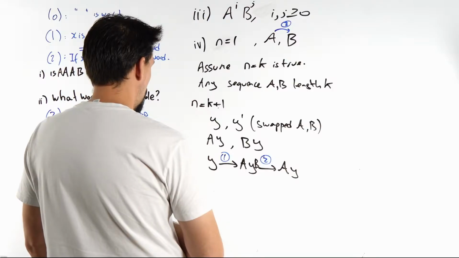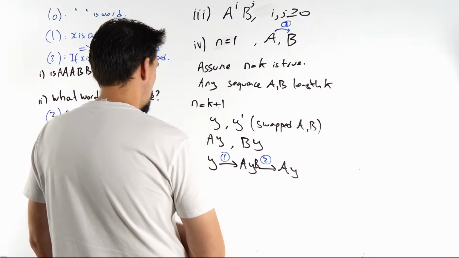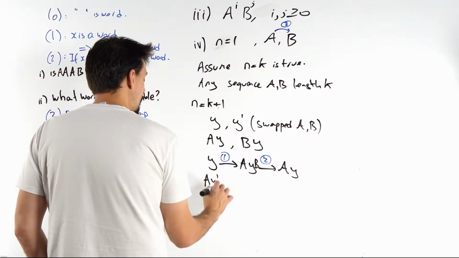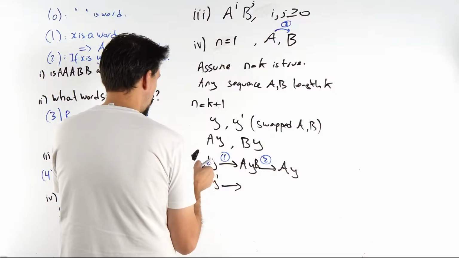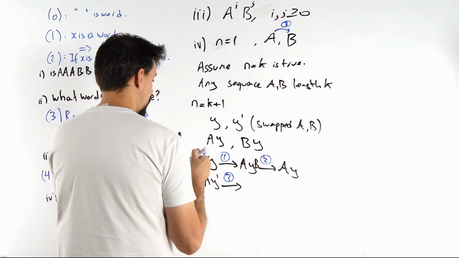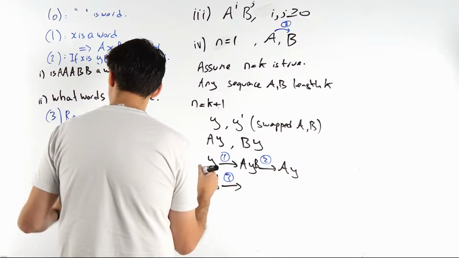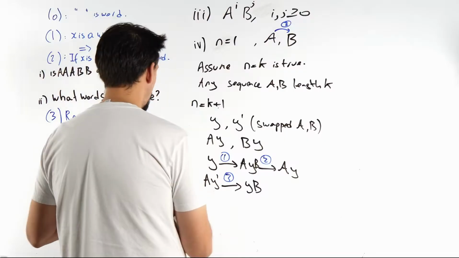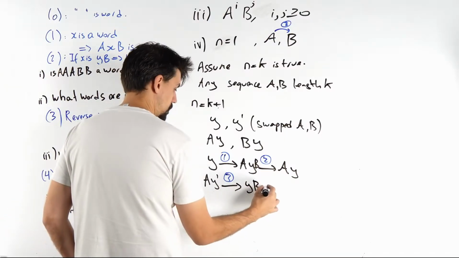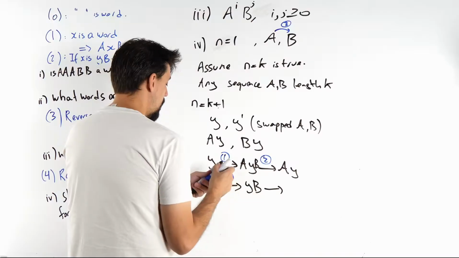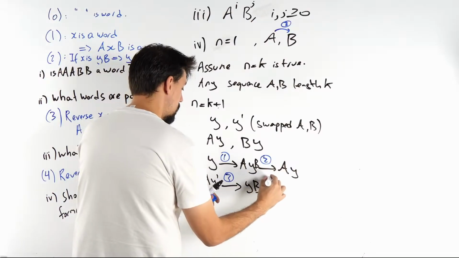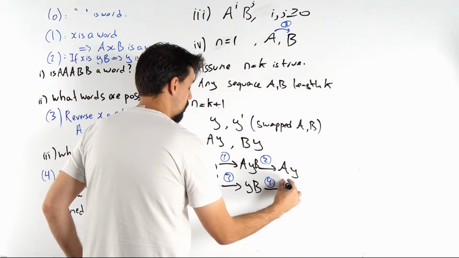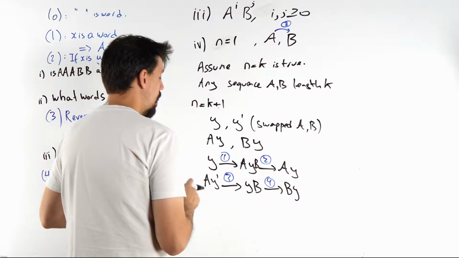Okay. Now, in the same way, I can get AY dashed. So if I use rule 3 on AY dashed, which is reverse it, I'll get YB. And then if I use rule 4, I'll get BY.